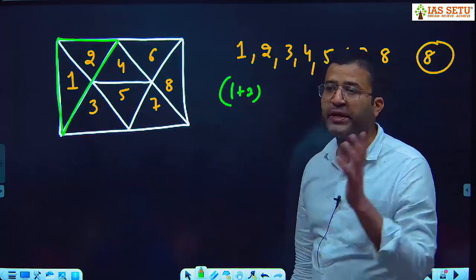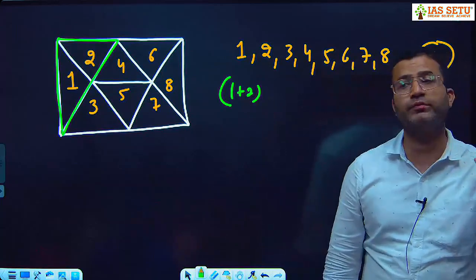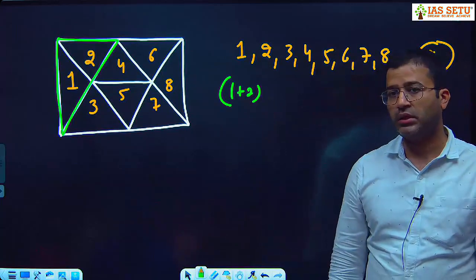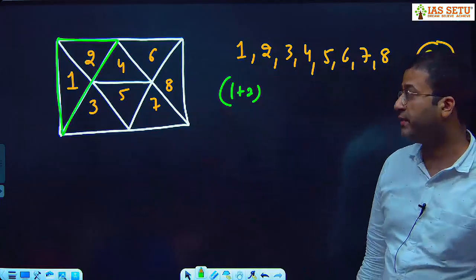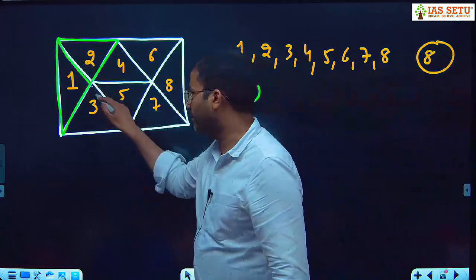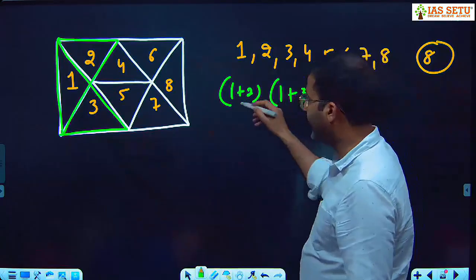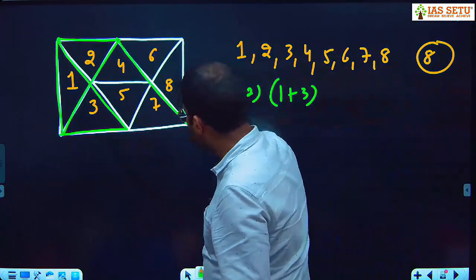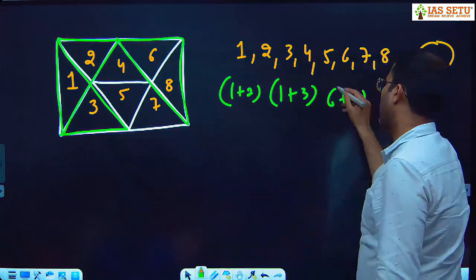And you should have patience, because if you miss a single triangle, you miss 2.5 marks. Have patience. Tell me any other when you join 2 numbers at a time? 1 plus 3. 6 plus 8. And similarly 7 plus 8.